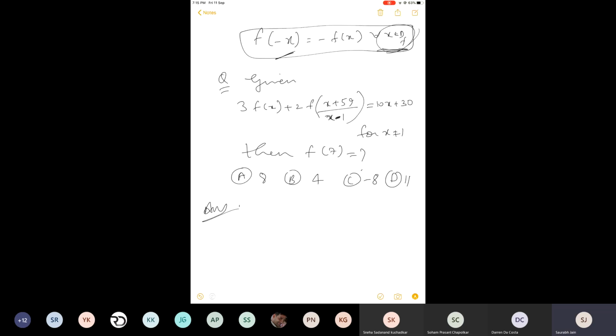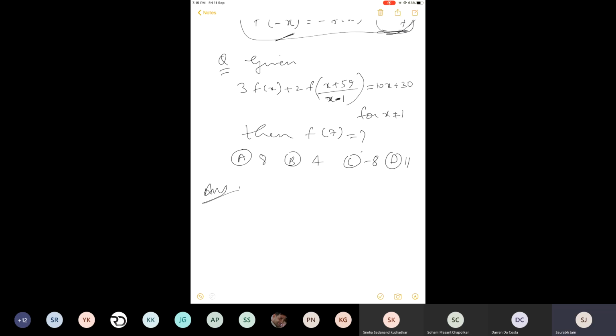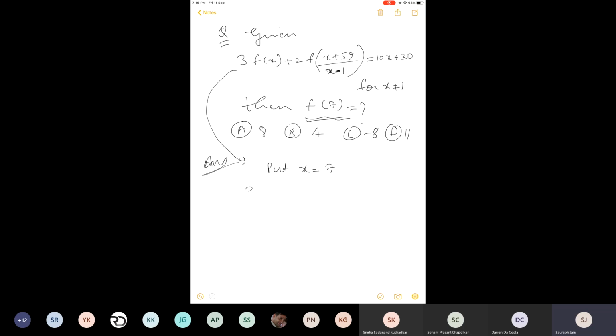See, in such type of questions, if nothing strikes you, you can at least start with the basic thing that you have to find f(7). So the obvious step will be to put 7. This will be the very basic step. So this will become 3 times f(7) plus 2 times, let us put 7 in place of x, 66 upon 6, that is 11, f(11).